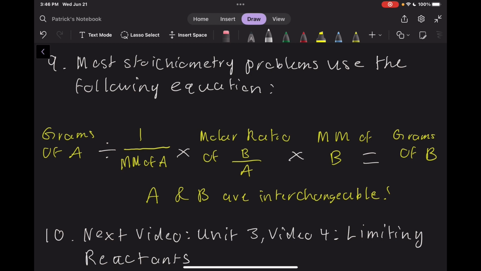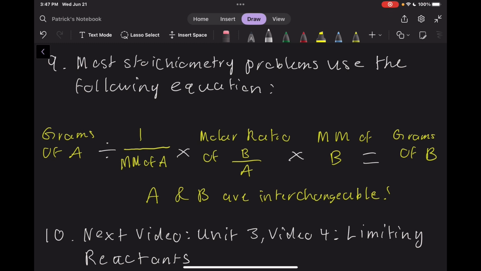It might have been noticed that most stoichiometry problems can be conveniently solved using this equation. We divide grams of A by the molar mass of A to get moles of A. We then multiply the moles of A by the ratio of B over A to get the moles of B. We multiply the moles of B by the molar mass of B to get the grams of B. This is the general framework for using stoichiometry, whether we're comparing reactants or reactants to products.